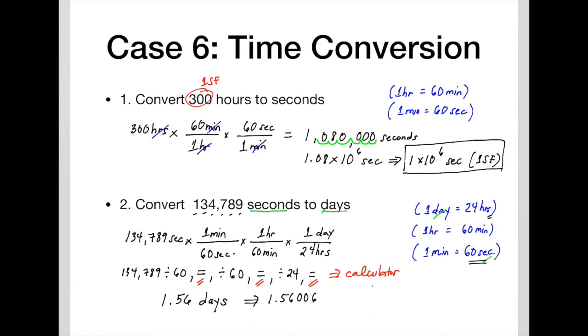Okay, days. Unless your teacher instructed you to round it off to 2 decimal places, then this one will be fine. But if your teacher says it depends on the given significant figures, then this will be the final answer.